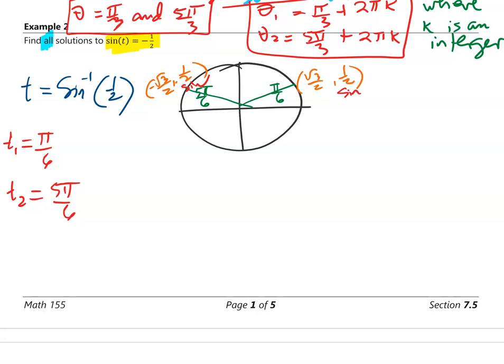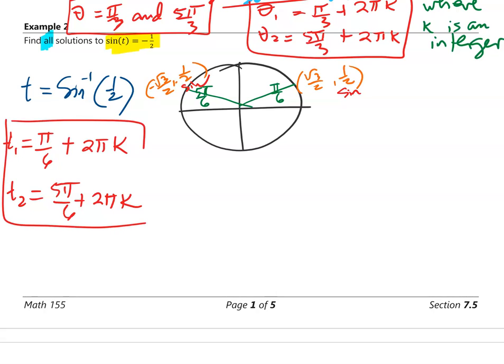And again, since we want all the solutions, we add 2 pi k, because we know that 2 pi is one period.